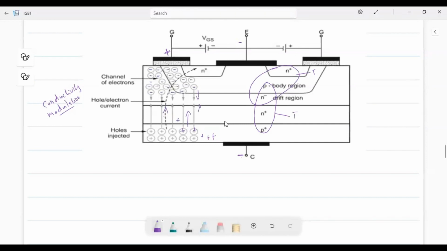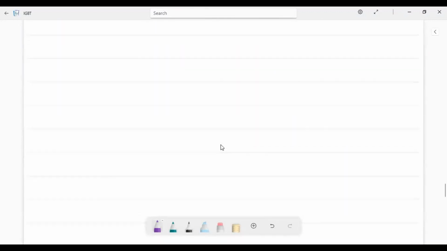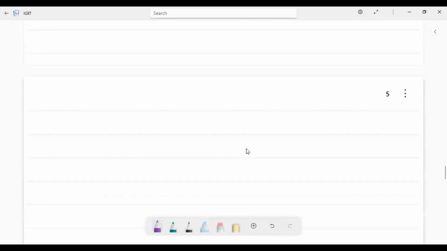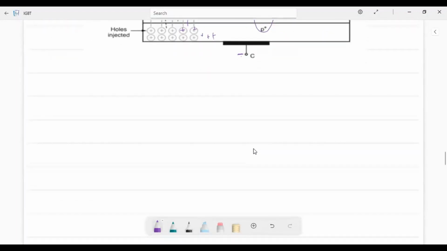So internally, on this side one MOSFET will be there, and on this side two transistors will be there. So we can analyze the internal diagram. That is with MOSFET.